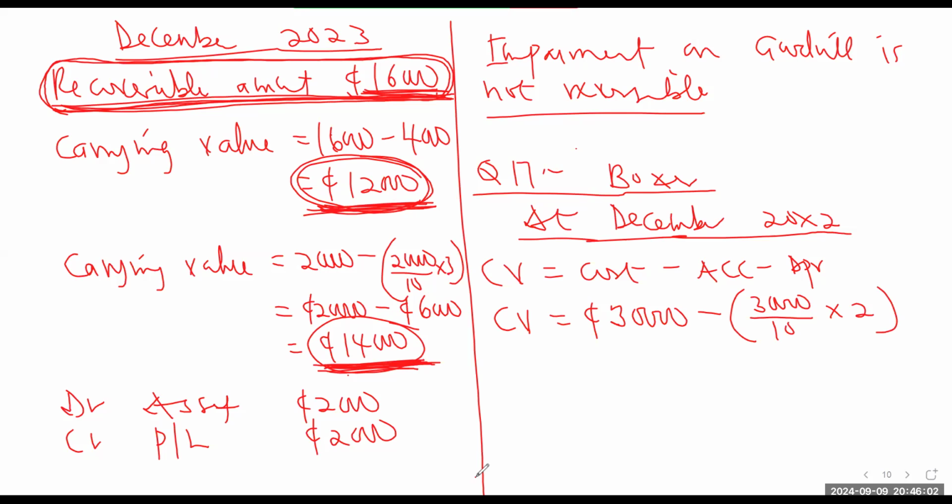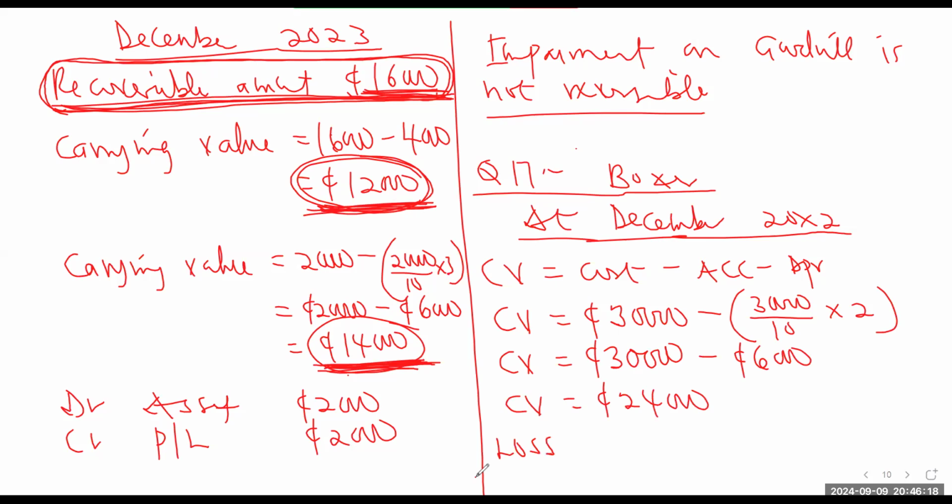So the carrying value will be 30,000 minus 6,000... sorry, 30,000 minus 6,000 gives 24,000. What is the recoverable amount? 16,000. So what is the impairment loss? 8,000. So we have an impairment loss of 8,000.